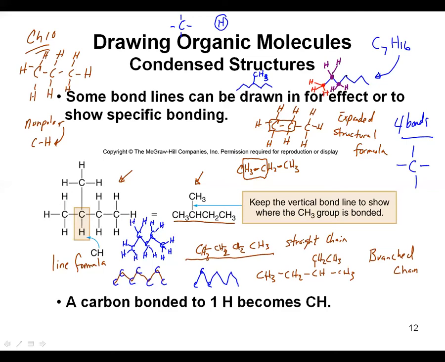This guy in the middle also has 2 lines coming in, which means it needs 2 hydrogens to get to 4 bonds. This guy, same deal, needs 2 hydrogens to get the 4 bonds. This guy here also has 2 lines already coming in, so would need 2 hydrogens there. And the guy at the end only has 1 line coming to it, which means it would need 3 hydrogens to get the 4 bonds.